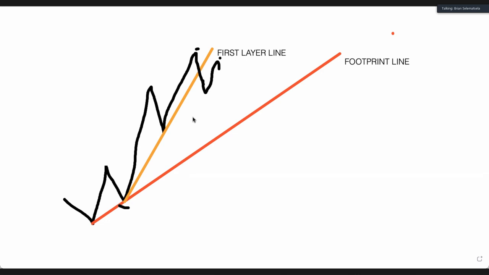So for those who don't know what the crossover is, in the stochastic, there's two lines. Let me show.